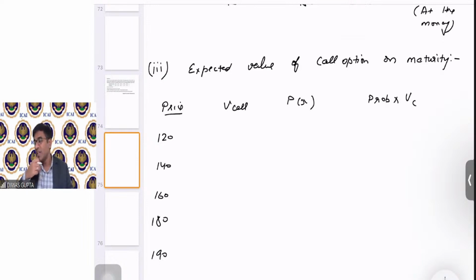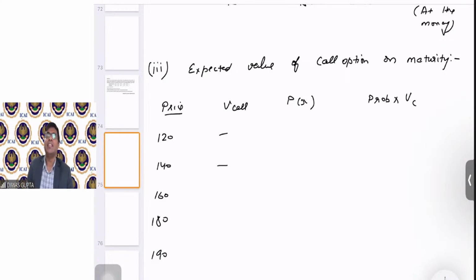So if the spot price moves to 120, whether call option will be in the money, at the money, or out of the money? It will be out of the money because the spot price has gone below the strike price. Similarly, if it is 140 also, then it is out of the money.